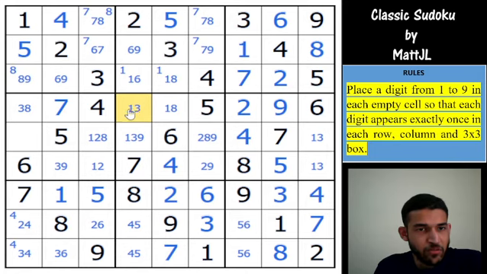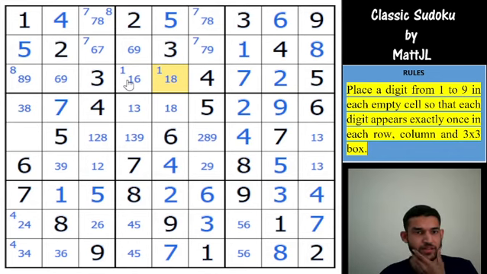So if this is a 1, no, this is a 3, this becomes 8, that becomes 8. So 9, 6, 1. Okay, don't see anything there.